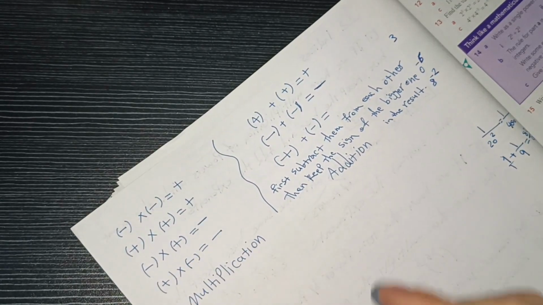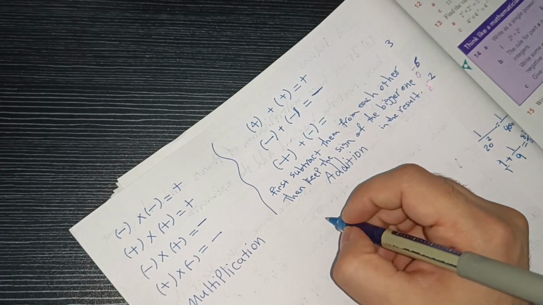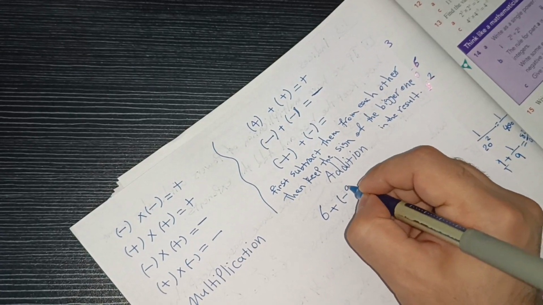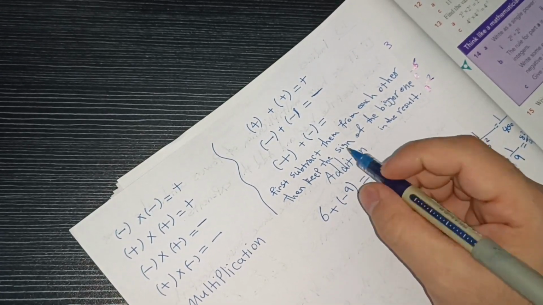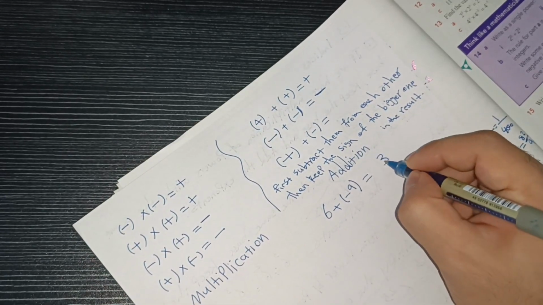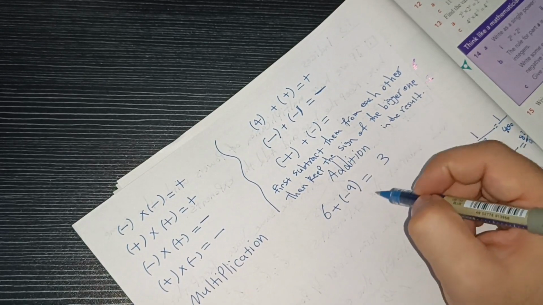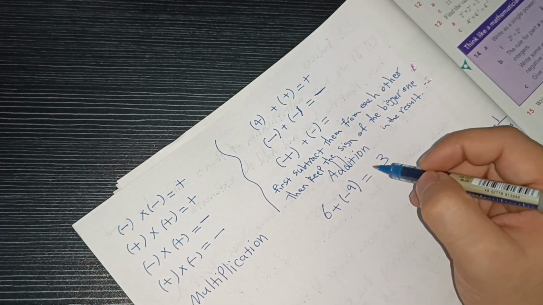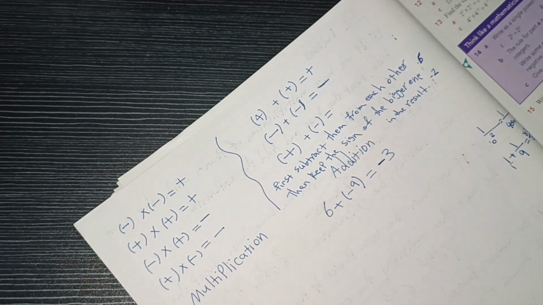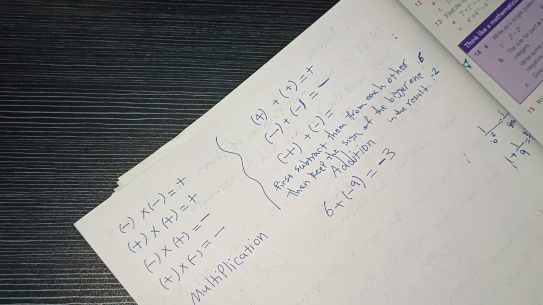Don't forget this one. For example, let's mention one example here. 6 plus negative 9. We said first subtract them from each other. So 9 minus 6, 3. Keep the sign of the bigger number. What is the sign? 9 and 6. 9 is bigger, obviously. So the sign of 9 is negative. So the result must be negative. That much simple.